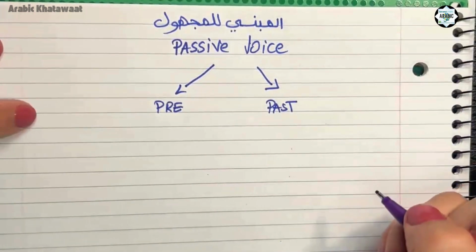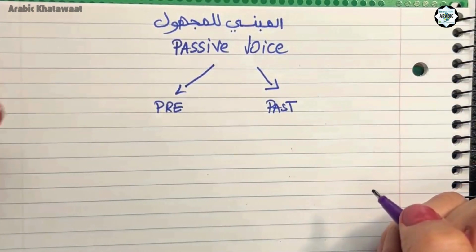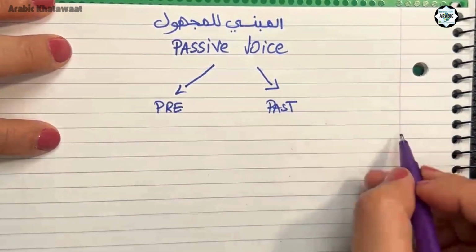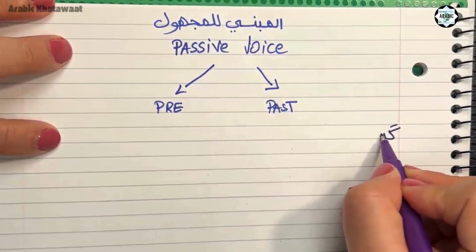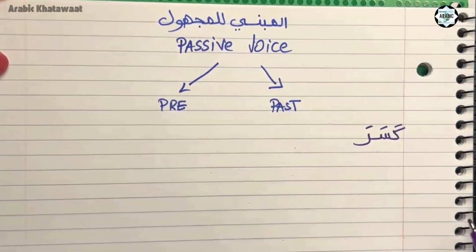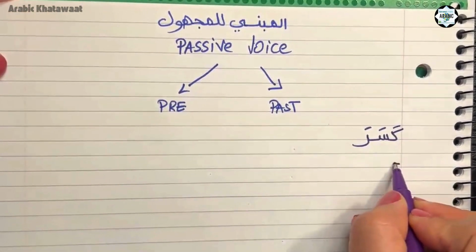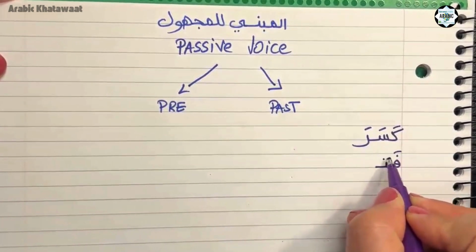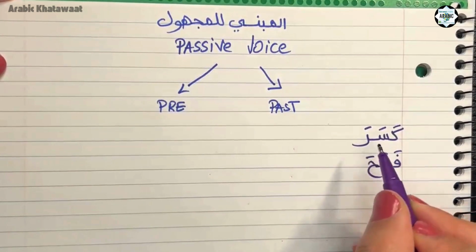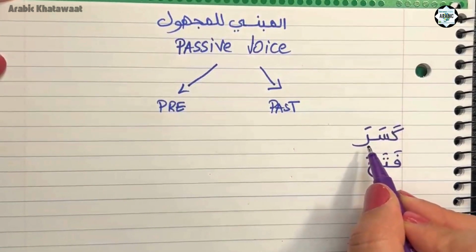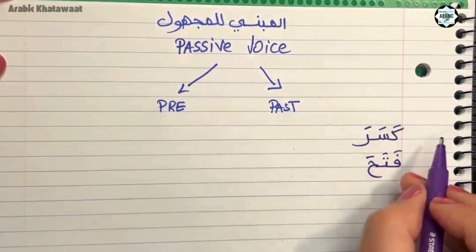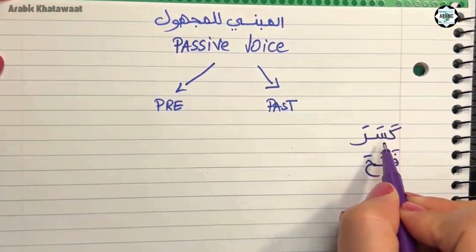So let's say I'd like to use the verb كسر. So كسر, we're just breaking using this verb. It's easier. Let's say فتح as well. If I need to learn the past tense of these verbs, all I have to remember, I would say the past is the infinitive form.